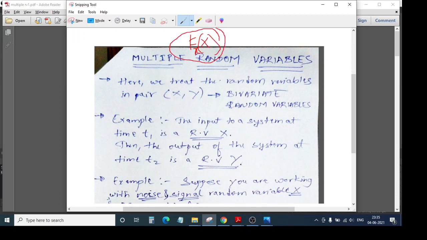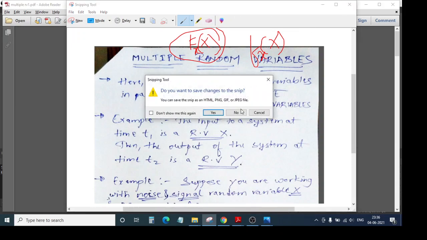This you have already seen for a single random variable. Similarly, you have also seen your PDF, which is small f of x. So this we have already seen in all the previous classes.